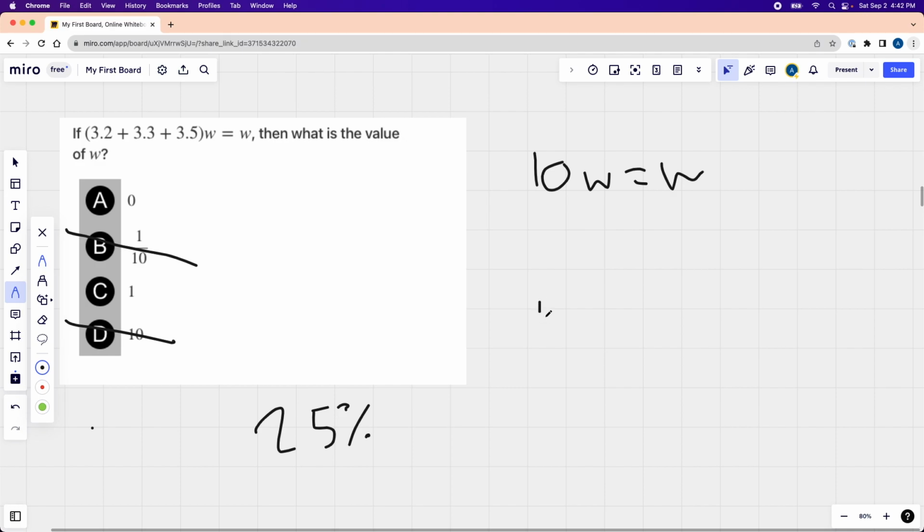You've increased your odds to a 50% chance. It's a 50-50 guess. So always remember those little tips and tricks as you're taking the ASVAB. Try to eliminate as many answers as possible, and then try plugging the remaining answers back in to see if it could be a possible answer or not.